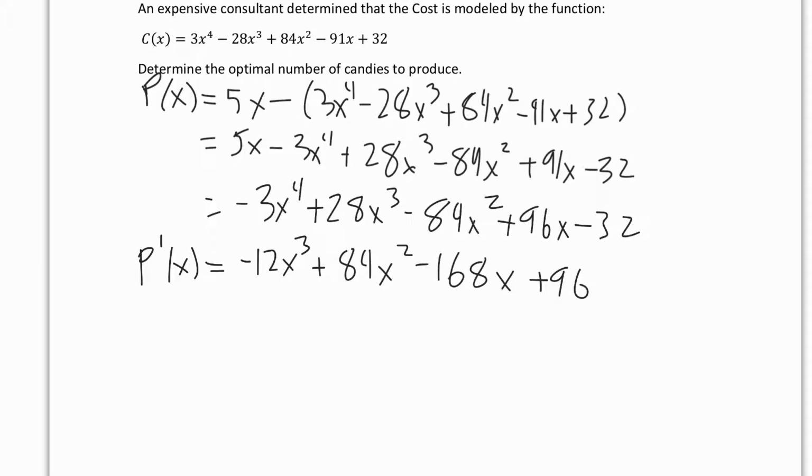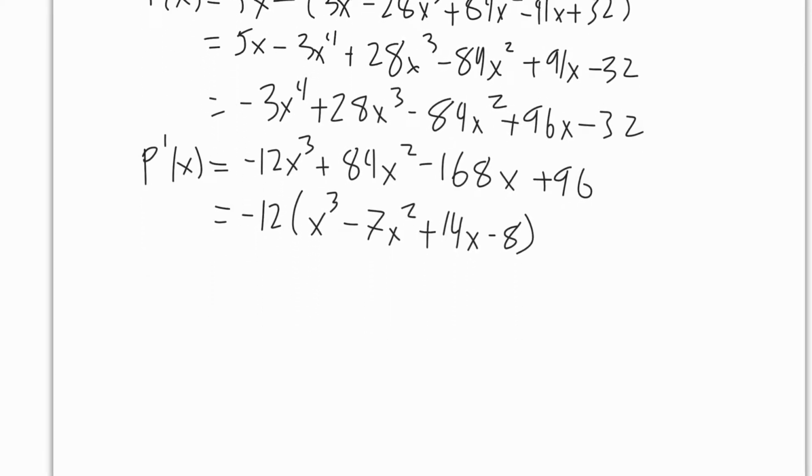Now I'm going to help us with a little bit of factoring here. There's a negative 12 in common with all of these terms, so we'll get x cubed minus 7x squared plus 14x minus 8. We need to keep factoring and find the nice simplified version so we can do our work. Here we probably need to use a little bit of synthetic division.